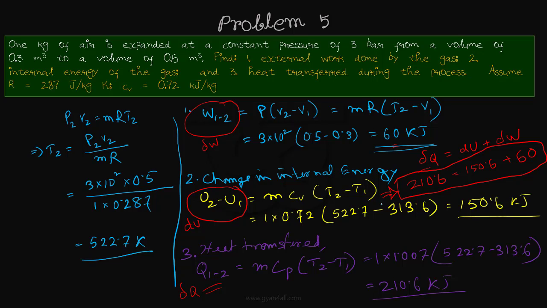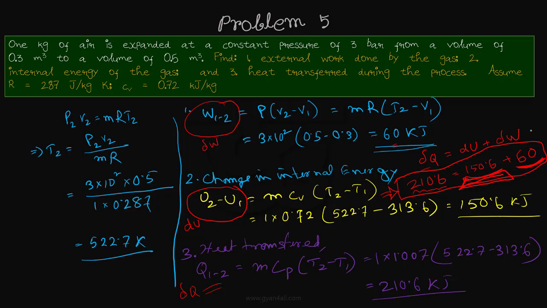So this is the first law of thermodynamics. Of the 210.6 kilojoule of heat supplied to the system, a part of it is converted to work, which is 60. Out of that, 60 kilojoule is converted to work, and the rest, 150.6 kilojoule, is stored in the form of internal energy within the system.